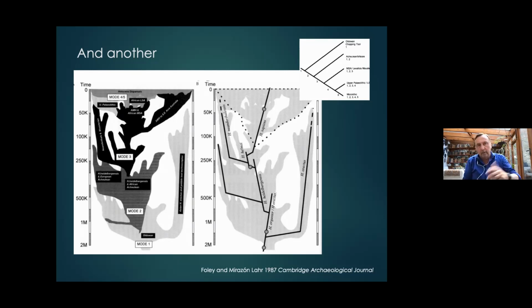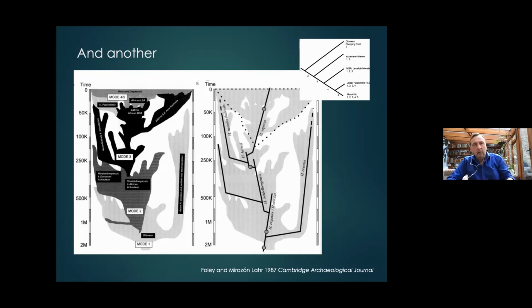And then we argued in particular that mode 3 technologies were associated not with either Neanderthals or modern humans, but with both lineages, and suggested that it probably was an ancestral common origin. Of course, that introduces the idea that these technologies have particular histories and relate to particular populations, and they evolve and disperse in relation to those.